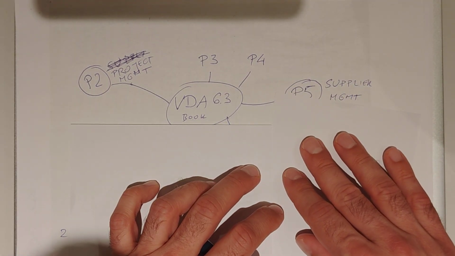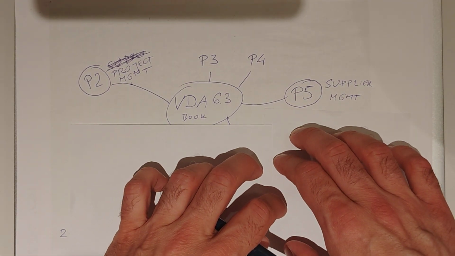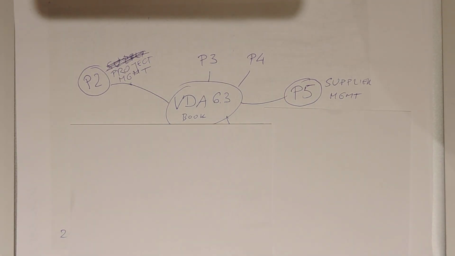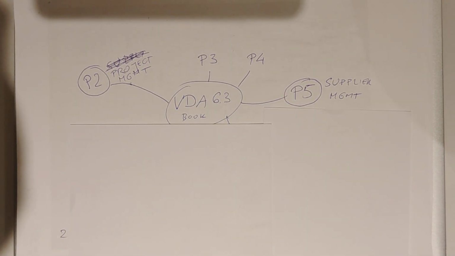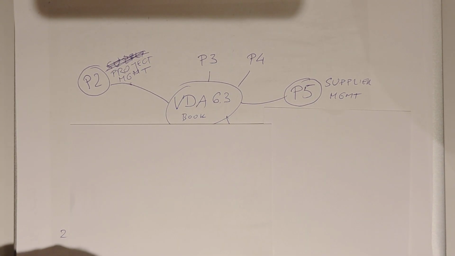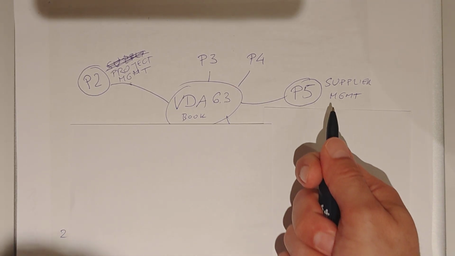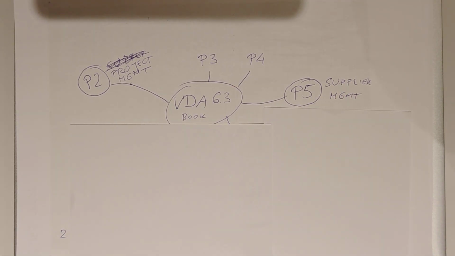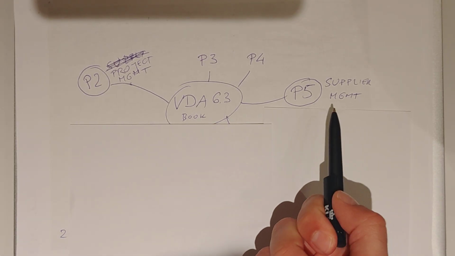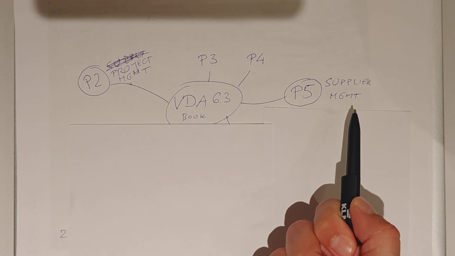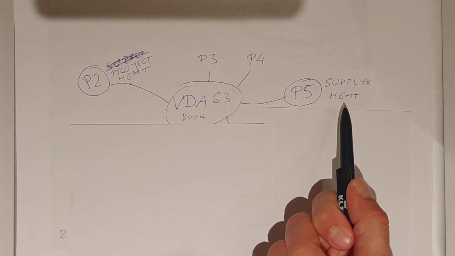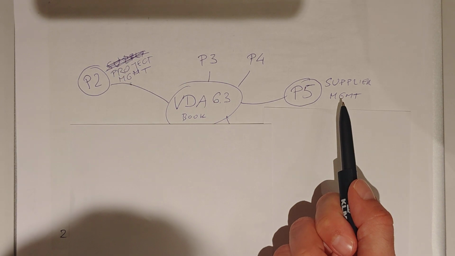The important chapter, the next one, is P5, supplier management. What does it mean? You want to be sure that your supplier is managing your sub-suppliers well. So for example, do they have an approved supplier list? Does your supplier have some target agreements, some backup suppliers, dual sourcing, and so on?